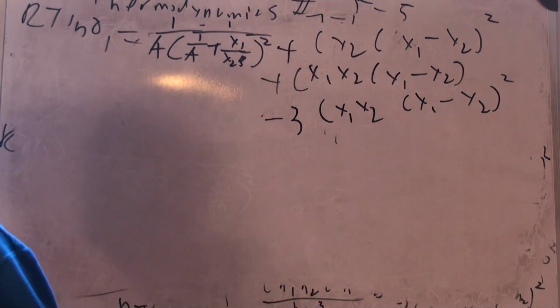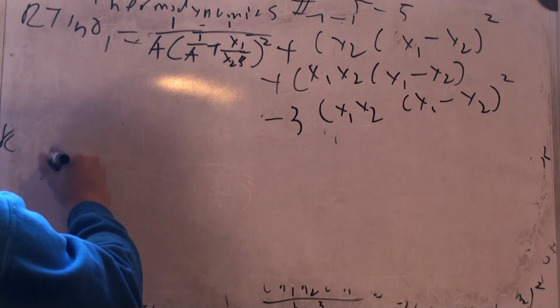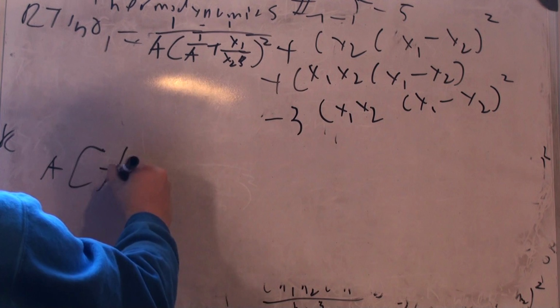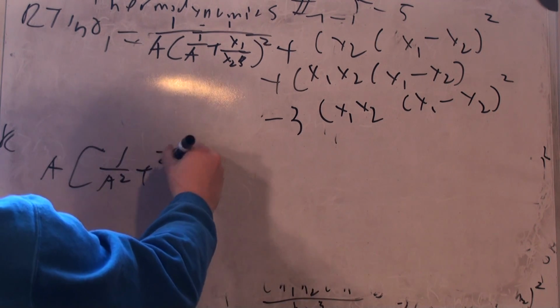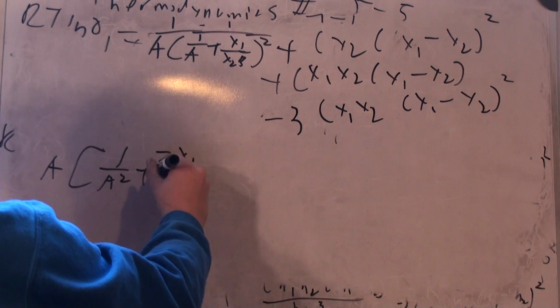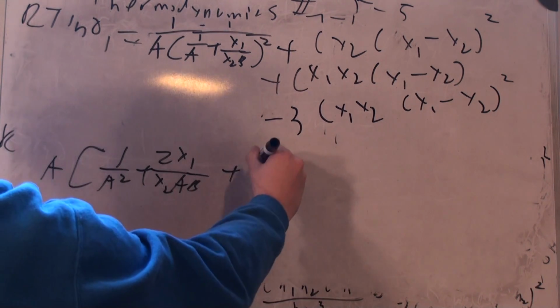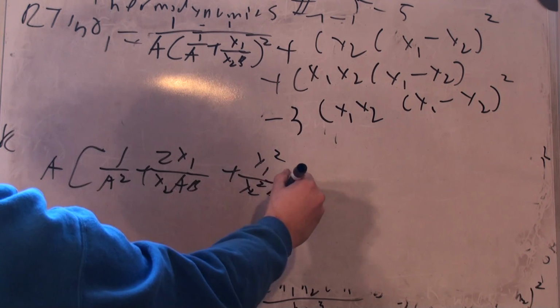Okay. Well, everything's to the minus 1, so let's just focus on that. So we got a times 1 over a squared plus 2x1 over x2 a b plus x1 squared over x2 squared b squared.